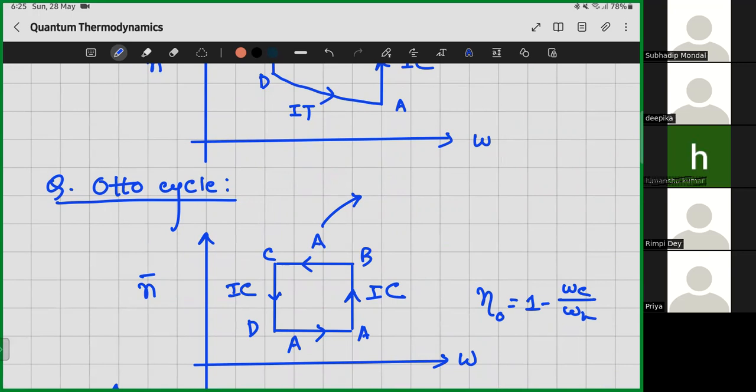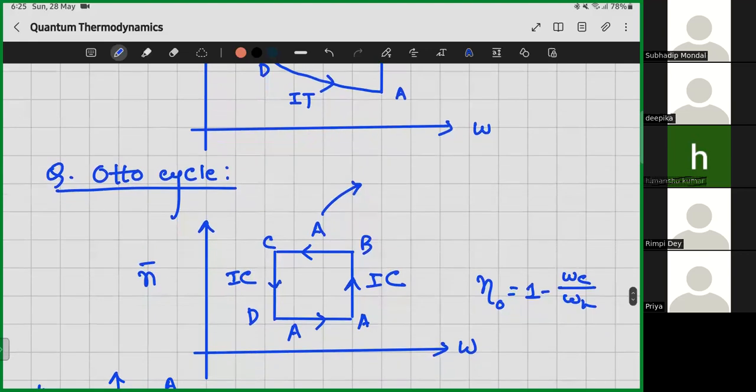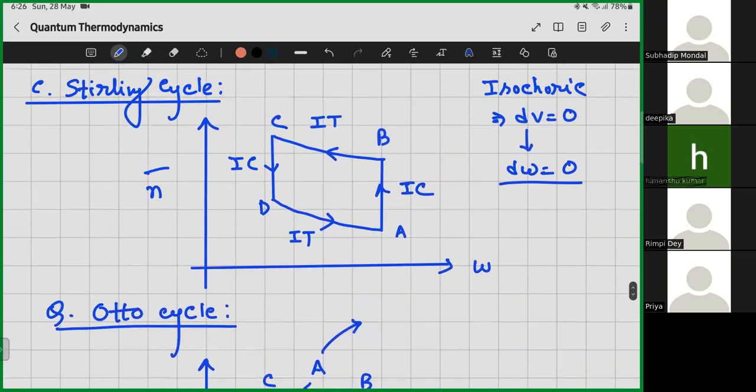So in the experimental case, the adiabatic stroke is difficult to control. That's why the Stirling cycle is much easier to realize experimentally, and they made an experimental realization using a single atom. I'll share that paper, though I have not studied it.